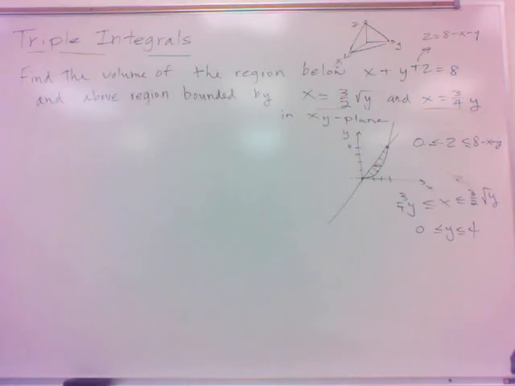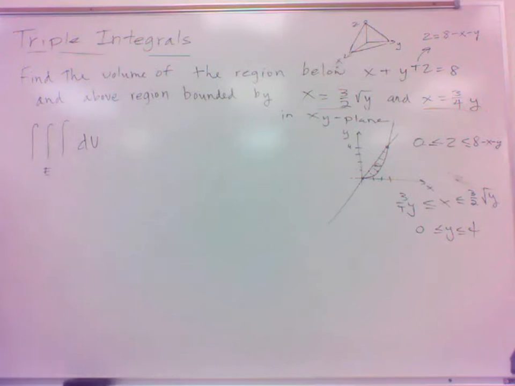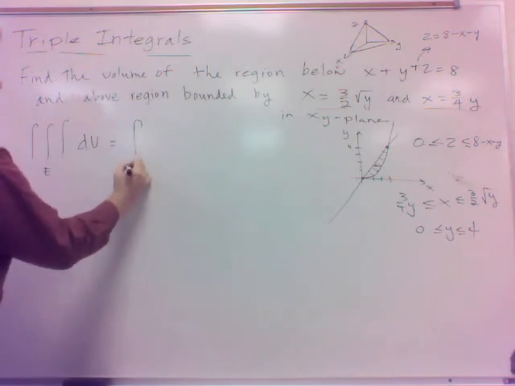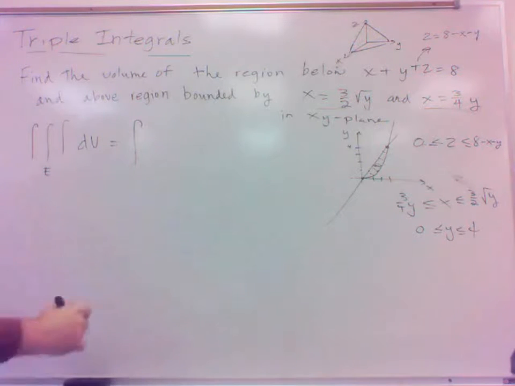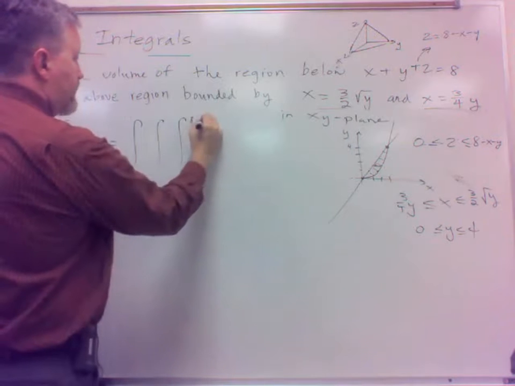So that gives us our bounds. Now, it didn't give us the integral here, but we're just going to use the triple integral over that region and just do dv, or 1 dv. So the way we had it set up, we're going to do the z's first, 0 to 8 minus x minus y.